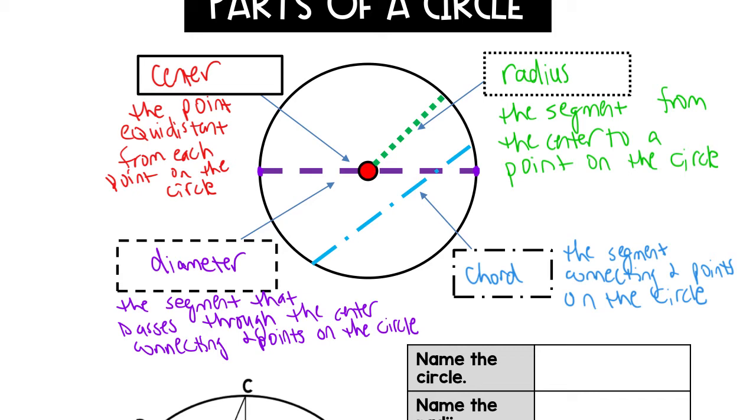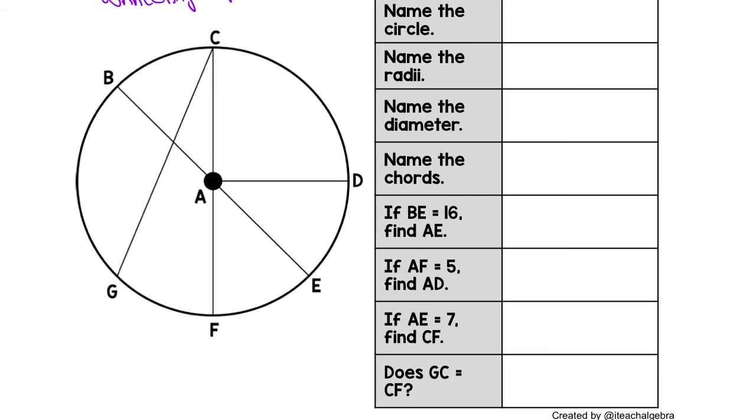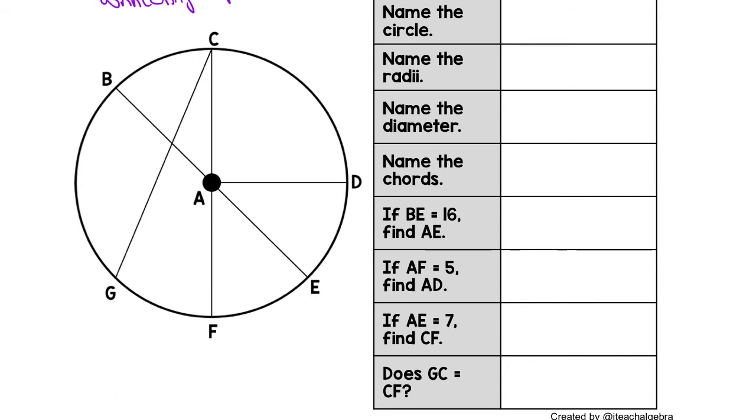So let's use those ideas and find out some info about this circle right here. Well, first, we want to name the circle. When we name a circle, we draw a little bullseye, a circle with a dot in the center. That's the symbol for circle.